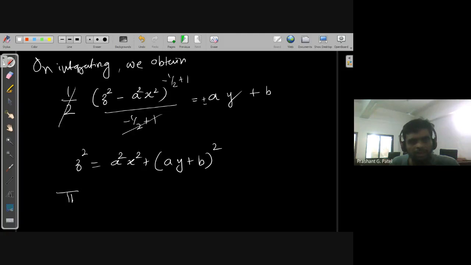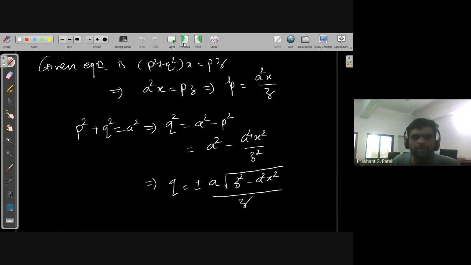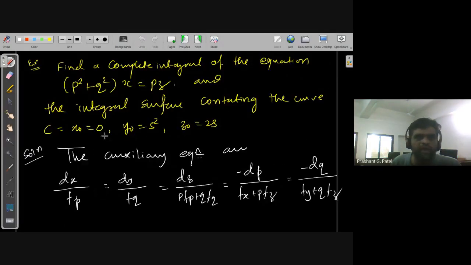So this is a complete integral for the given PDE. But the objective given is to find out the integral surface containing this curve.